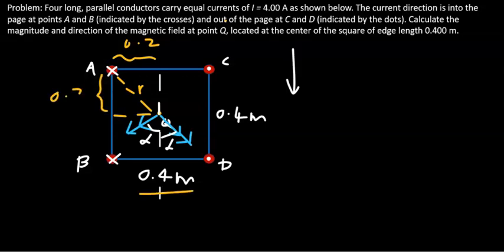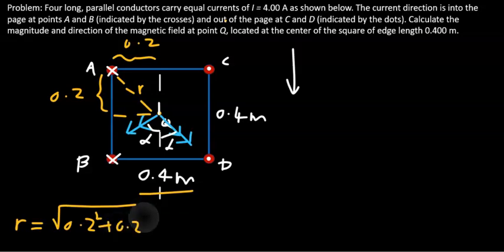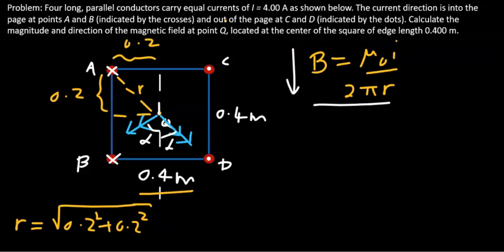Likewise, that is 0.2. So your r is the square root of 0.2 squared plus 0.2 squared. So the magnitude of the magnetic field due to any of the currents at point Q is quite simply mu naught times the current over 2 pi r. What is the vertical component of that field?